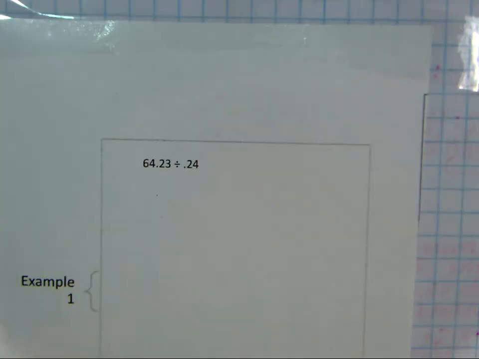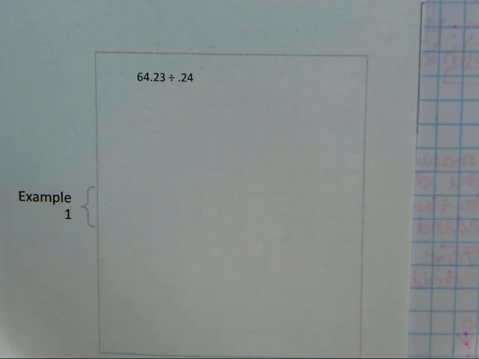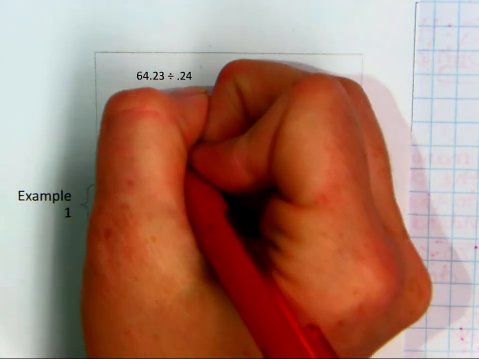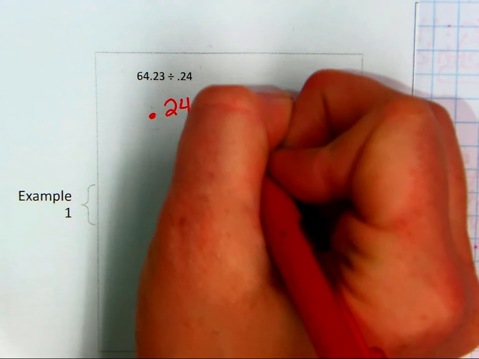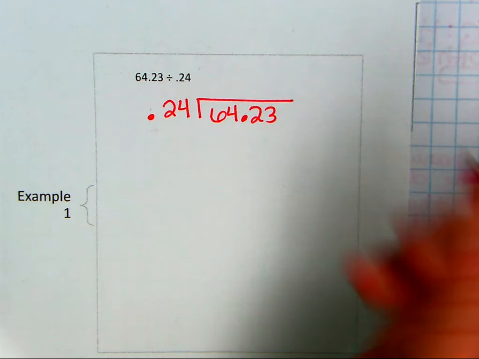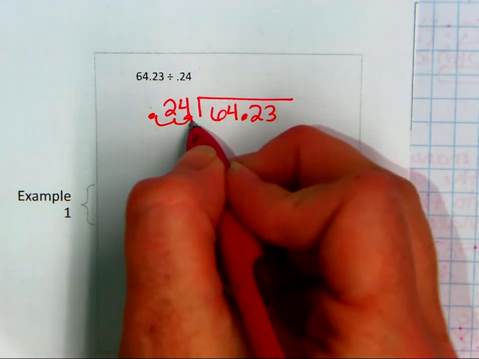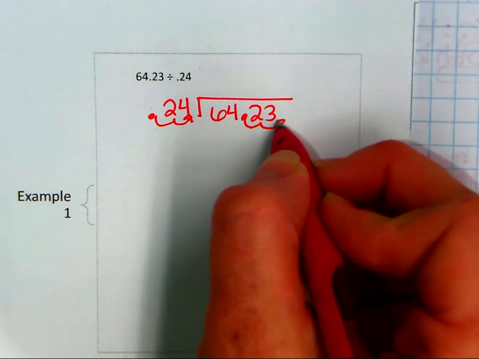Now, as we go over here to your practice problems, when you're working through these practice problems today, I want you to remember a couple things. First of all, remember that when we start off, we're going to write the problem, but we can't have decimals in the divisor, so we're going to have to move them over. And however many times you move over here, you move it over the same amount of times over here.